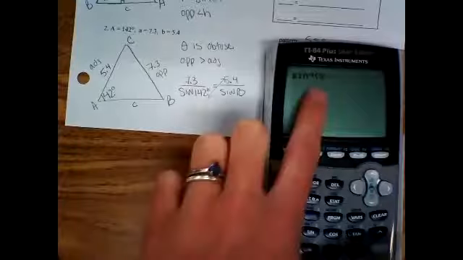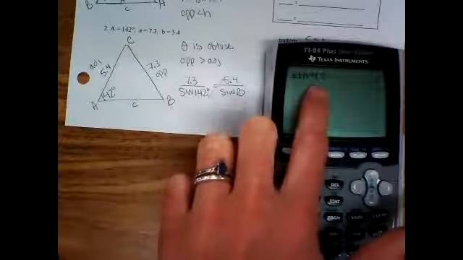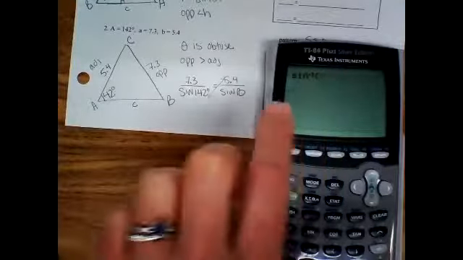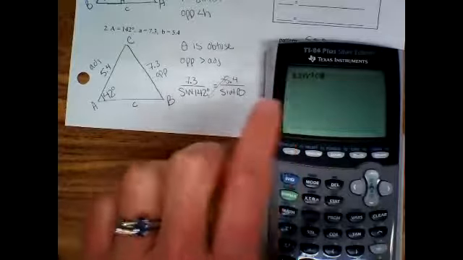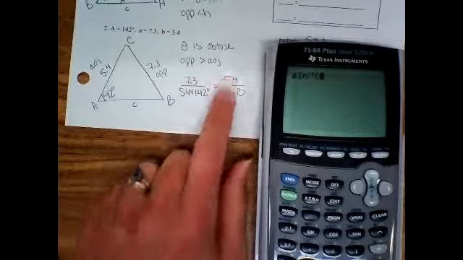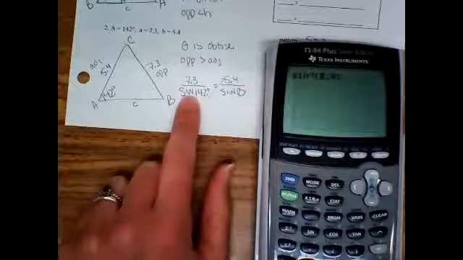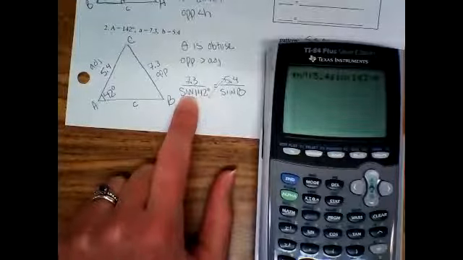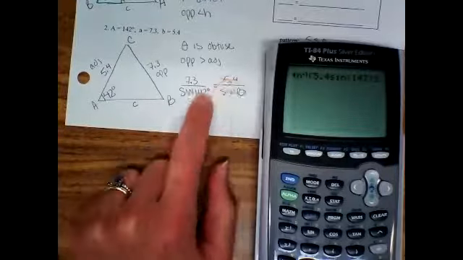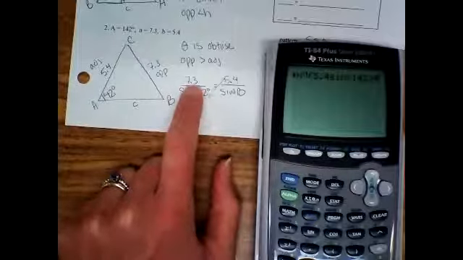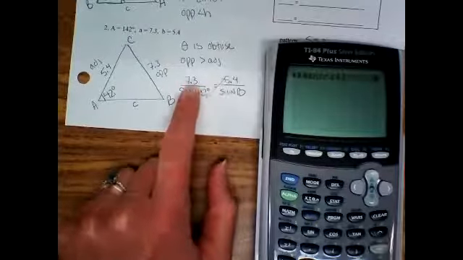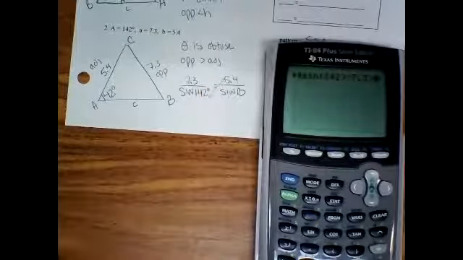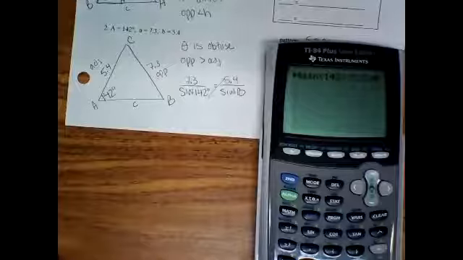Be aware, do you see how when you hit second sine, it starts a parenthesis? So at the end of the whole thing, you want to close the parenthesis. So second sine, and then it'll be 5.4 sine of 142 divided by 7.3, and then close the parenthesis that it started in the first place.